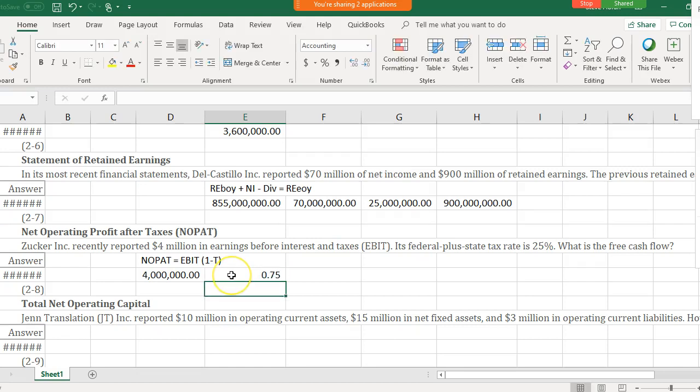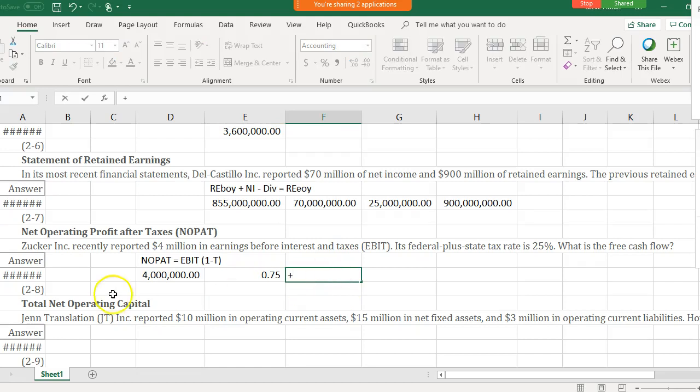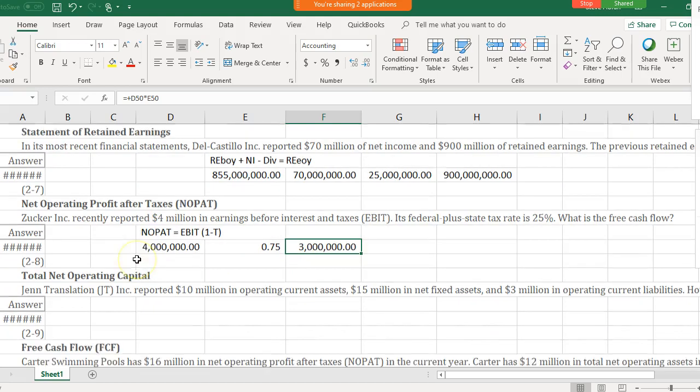Okay, so basically I'm just taking 4 million times 0.75, and we get 3 million. So basically the answer is free cash flow is 3 million. Okay. So the key is after-tax cash flow, right? After-tax cash flow is 3 million. That's the net cash the company can keep and do something with.